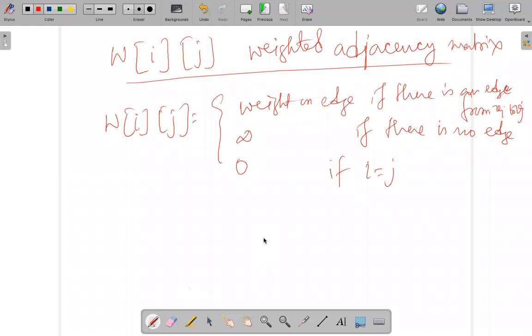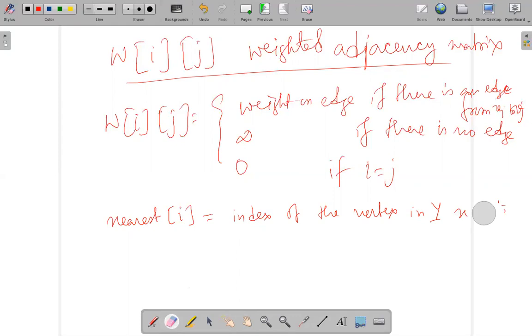Along with this, we will also introduce two more data structures: nearest I, which is the index of the vertex in Y nearest to Vi. Okay.